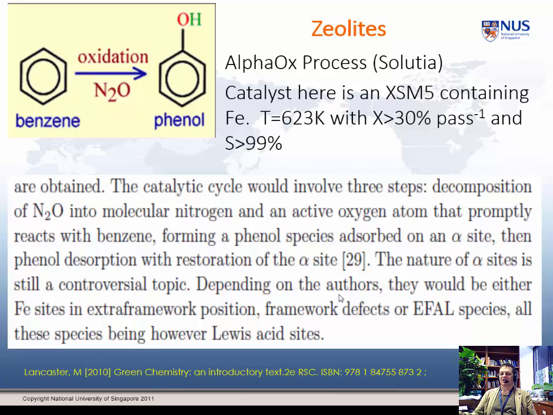What determines where the alpha sites are in the zeolite? It's thought to be the iron extra framework sites, because the iron is actually not in the formal structure. It could also be Lewis acid sites, although they would both be similar in that sense.